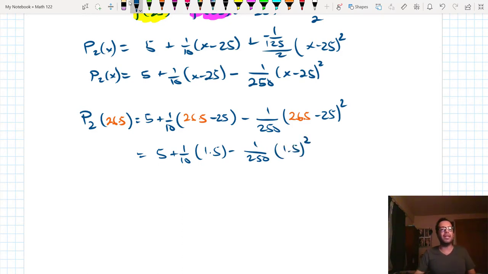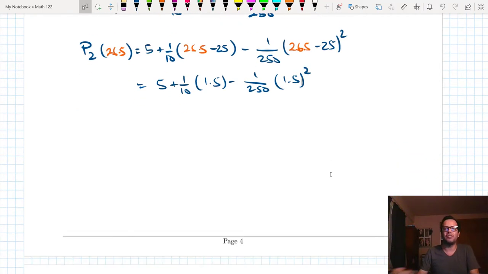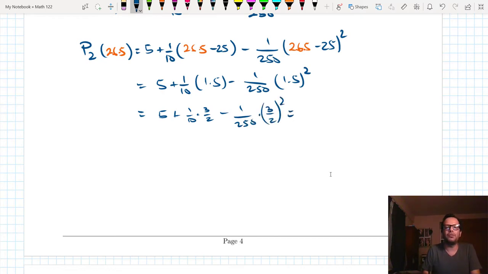So I'm not going to leave anything using decimals. I'm going to change everything to fractions. So 5 plus 1/10 times 3/2 minus 1 over 250 times 3/2 quantity squared, which reduces to 5 plus 3 over 20. You might recognize these numbers from the previous example, from our very first example actually, because those are from the linear approximation.